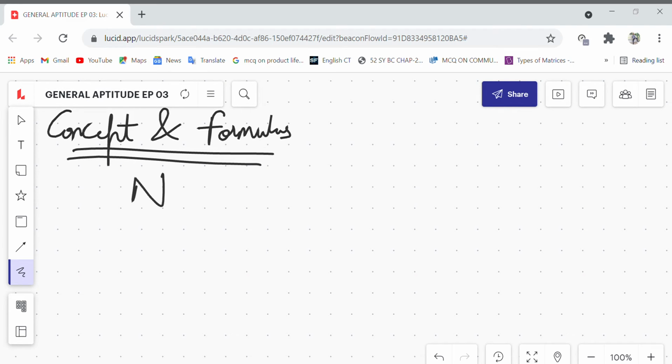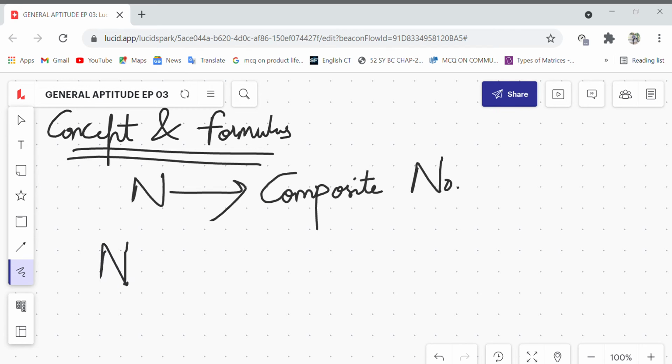If n is a composite number, and n equal to a to the power p into b to the power q into c to the power r.